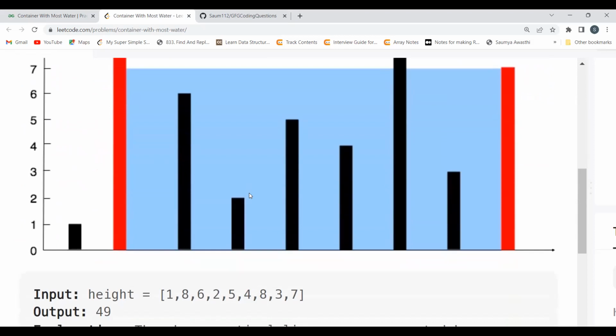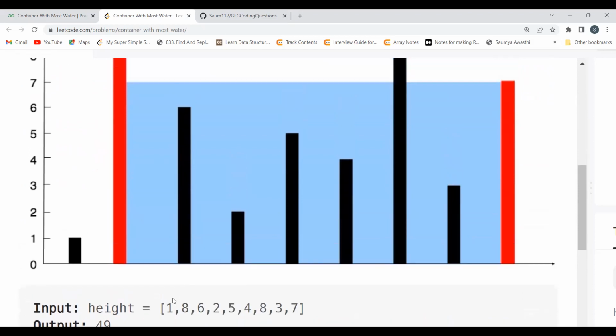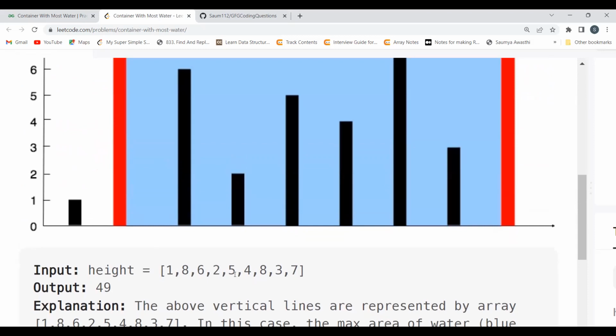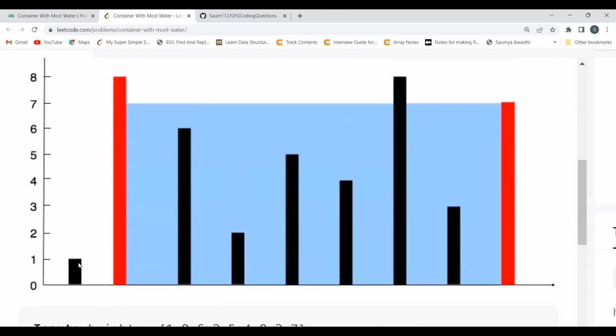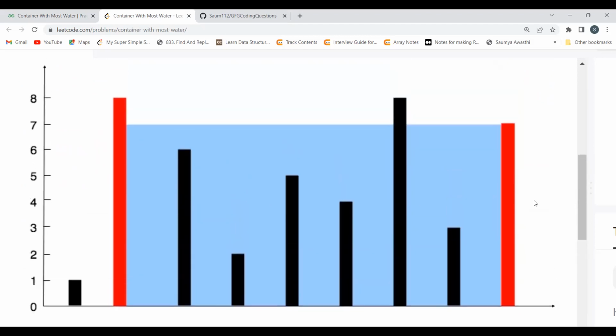So here, let's say this is the array we have: 1 8 6 2 5 4 8 3 7. So this is the first line of height 1, next is 8, next 6, next 2, then 5, then 4, then 8, then 3, and then 7.